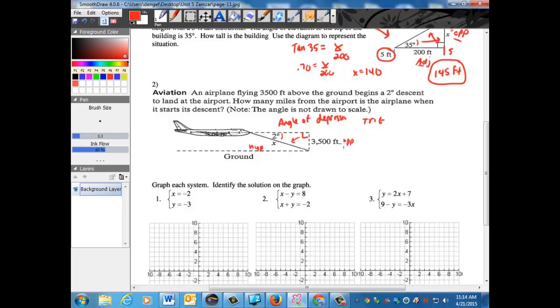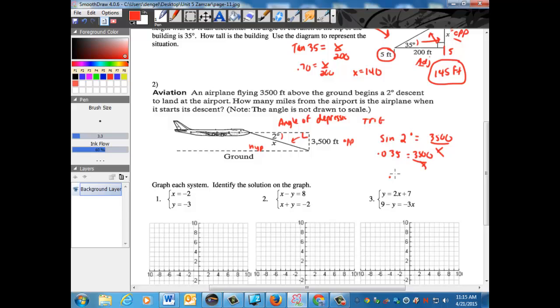And since we have opposite over hypotenuse, this means that we have sine. So we're going to take sine of 2 degrees equals the opposite, 3,500, over hypotenuse, which is x. We enter in sine of 2. We get a very small number, 0.035 is equal to 3,500 over x.